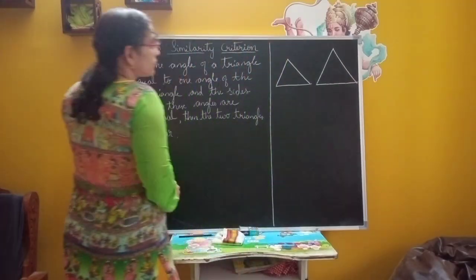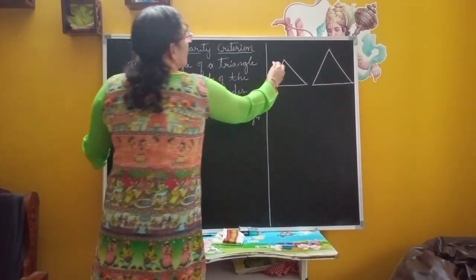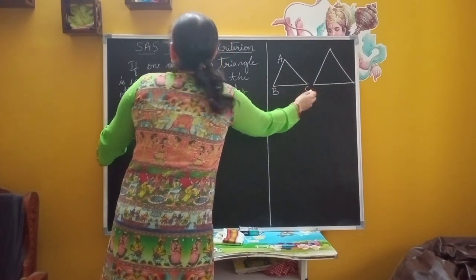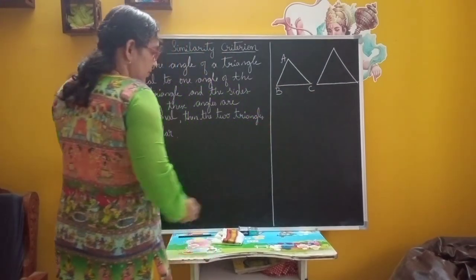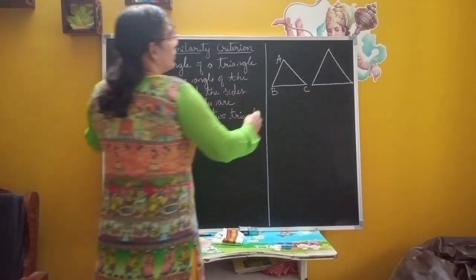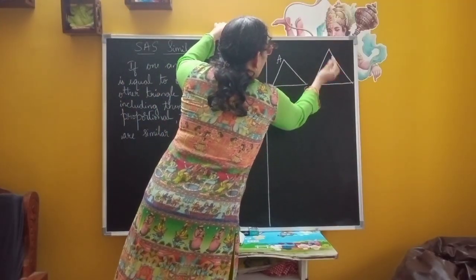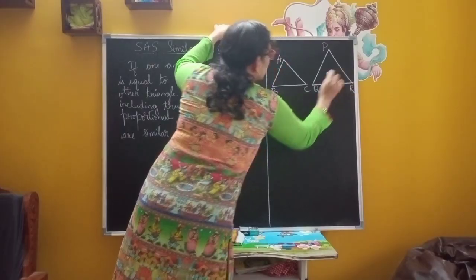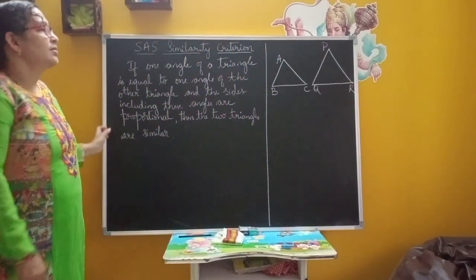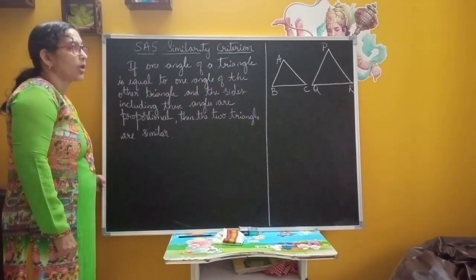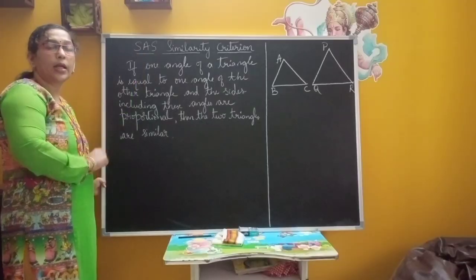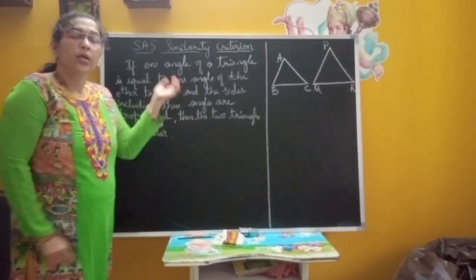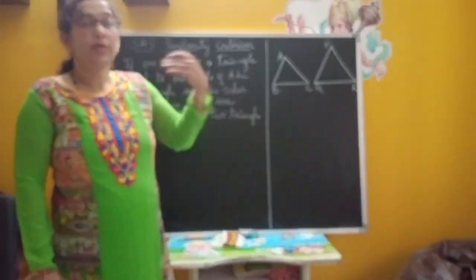So this is triangle ABC and another triangle, let us take PQR. Triangle ABC and triangle PQR. Now we need to prove these two triangles are similar triangles. So here we use the previous knowledge.